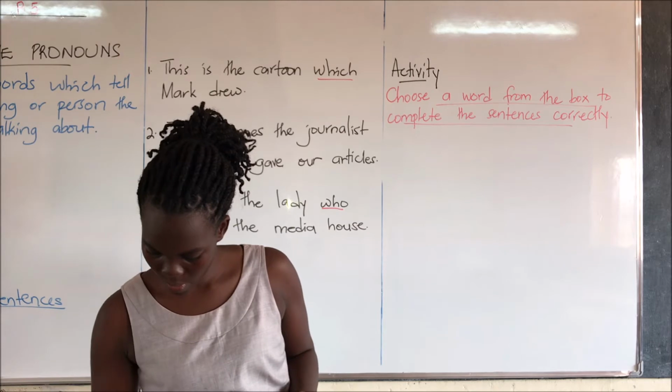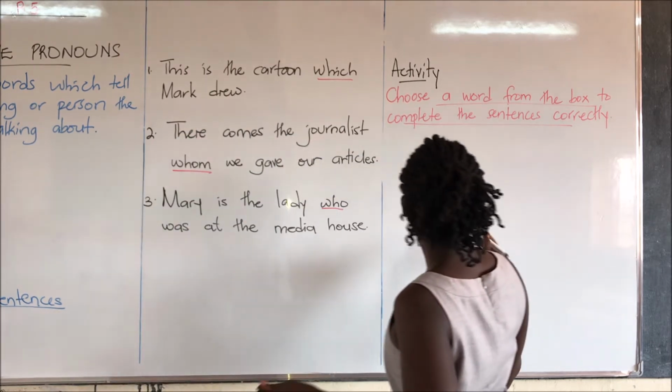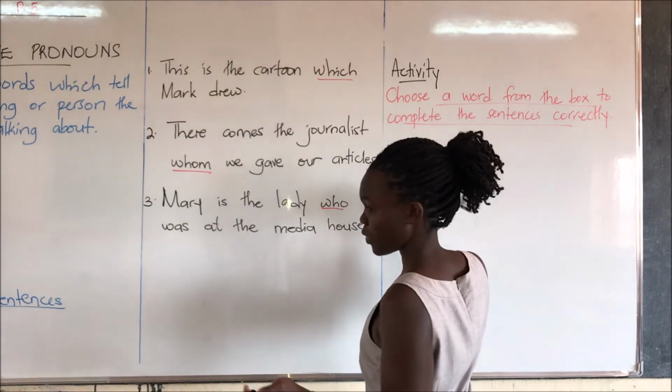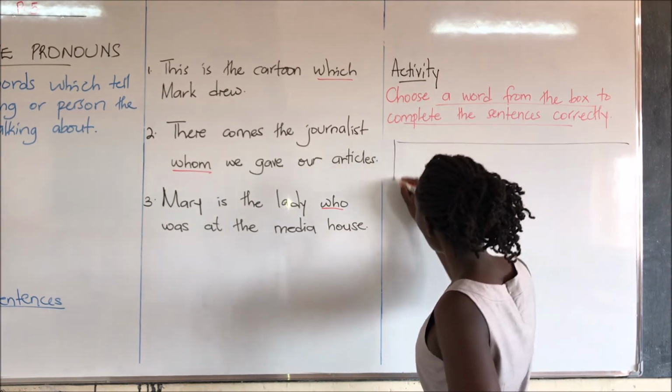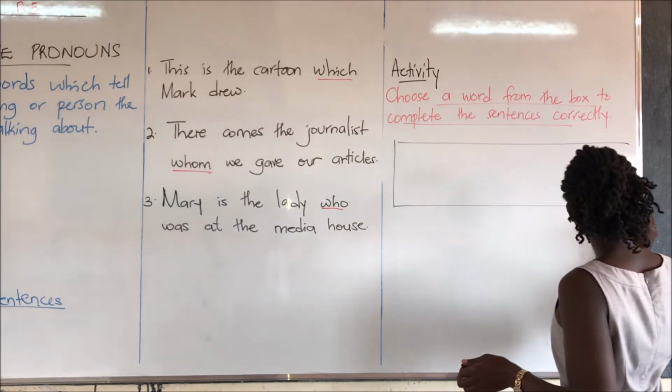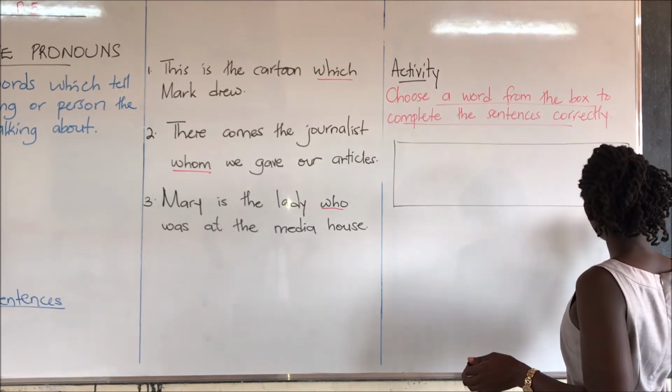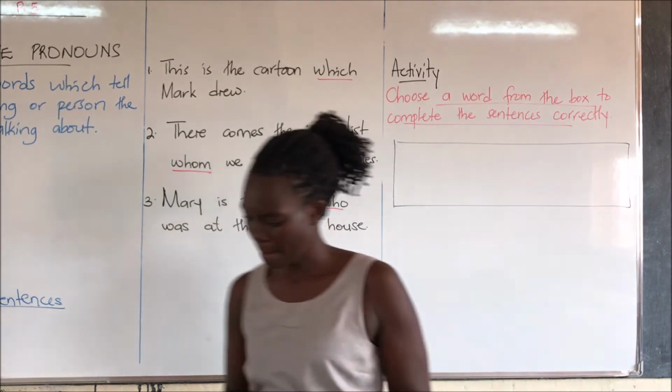I'm going to draw the box for you. You forgive my underlining. So far you should be having a ruler, a pencil, and you draw a neat box.